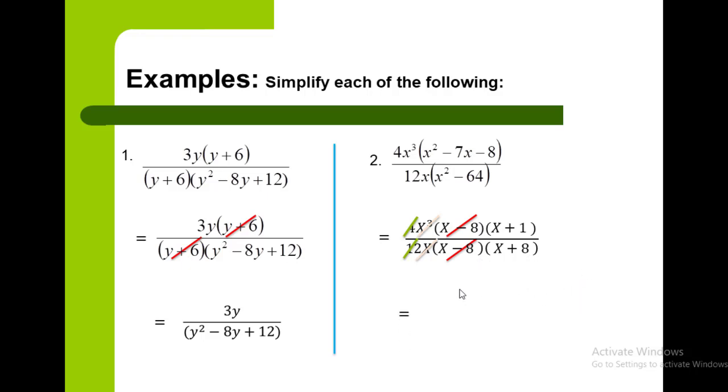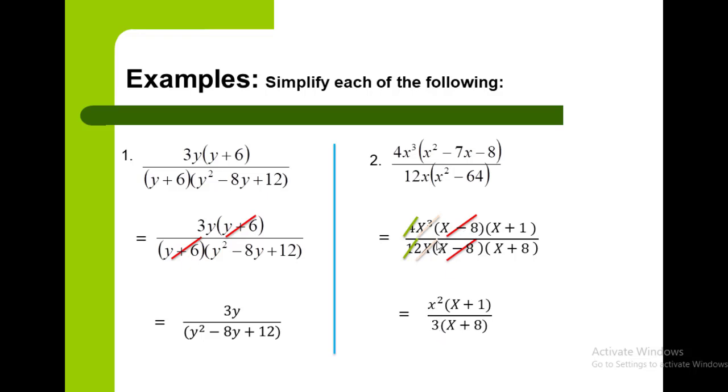Then we can simplify 4 with 12, x cubed with x, and this bracket with this bracket. 4 with 12 simplified: 4 becomes 1 because 4 divided by 4 equals 1, and 12 divided by 4 equals 3. x cubed divided by x equals x squared. x divided by x, there is no x to the power 0.